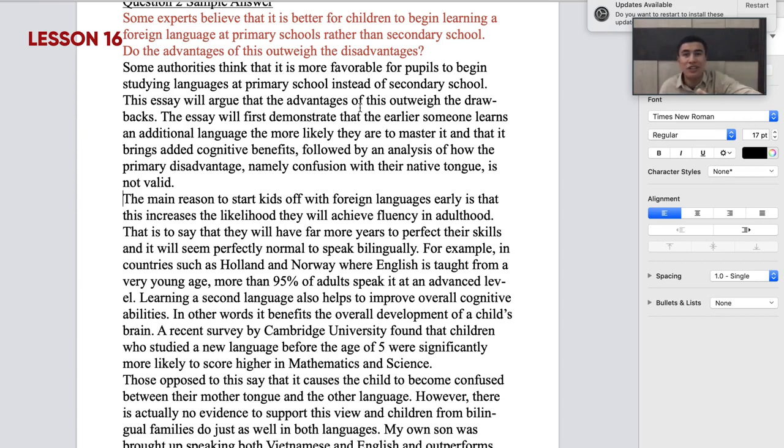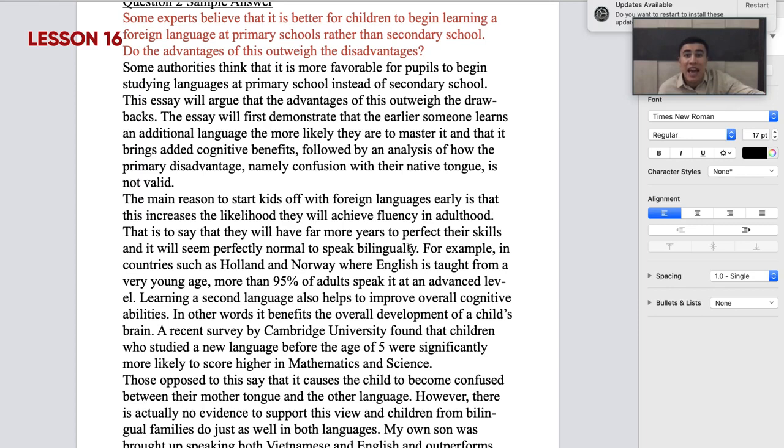So if you start learning a certain language at an earlier age, you will master it better. That is to say that they will have far more years to perfect their skills, and it will seem perfectly normal to speak bilingually. So this is the explanation.